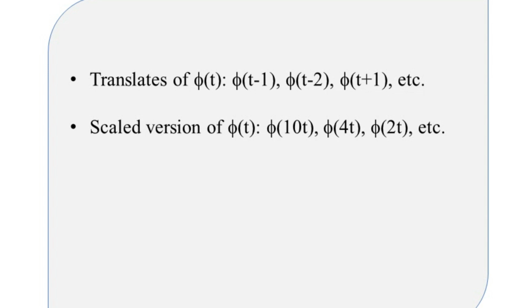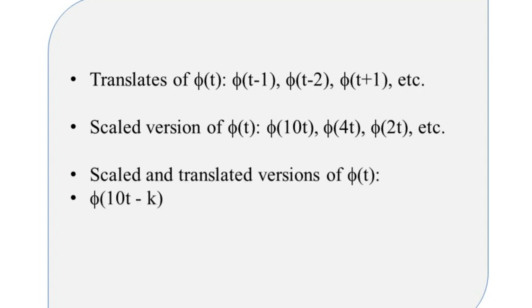Now when we have the scaling on the time parameter as well as the translation together, we get the scaled and translated versions of the Haar scaling function phi of t. The example I have shown is phi of 10t minus k in general, or we can also have phi of 2t minus 5, phi of 4t minus 1, or phi of 5t plus 3.